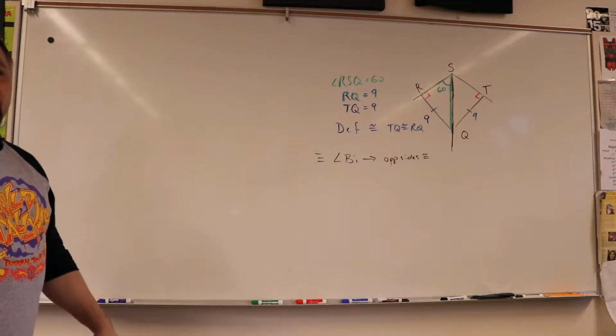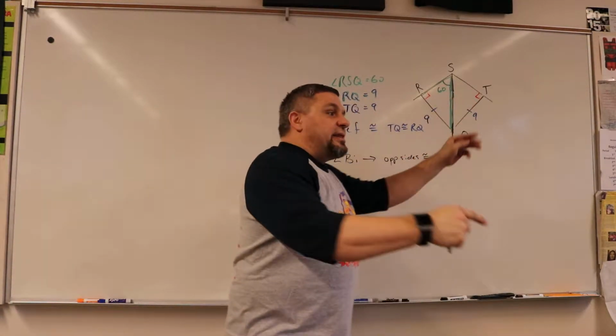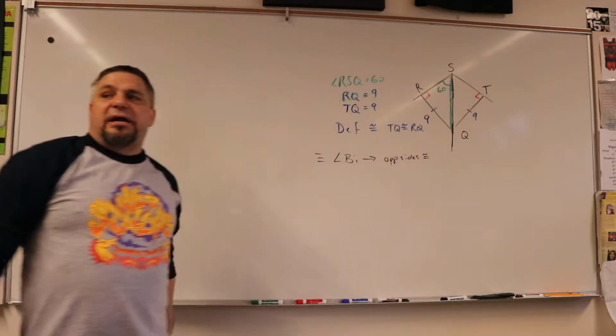That's what we learned, right? But this isn't saying that you have an angle bisector. It's saying that your opposite sides are congruent, right?